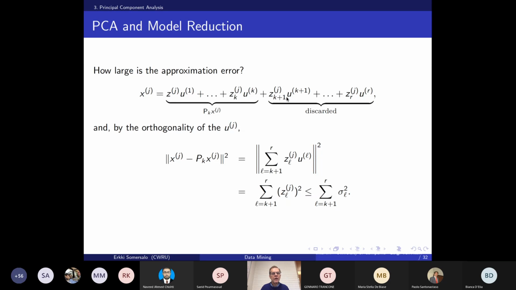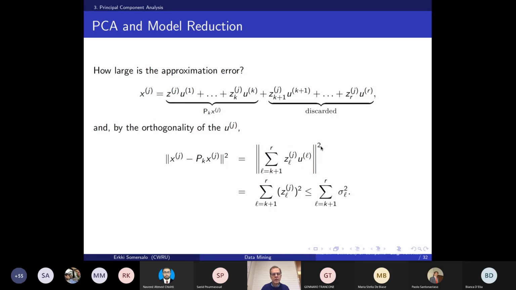So if I'm asking how large an error I am making when I'm projecting to the lower dimensional subspace and reducing my data, it is given by the norm of xj minus Pk xj. And I'm calculating here the square of the norm. Since xj is given by the full sum and Pk xj is given by the sum up to the index k, the error is the remainder. So l is running from k plus 1 to r. So this is the approximation error.